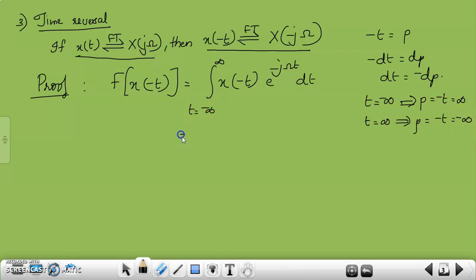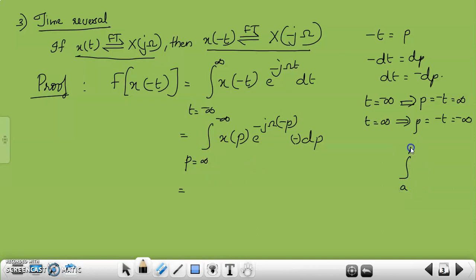If I substitute that, this will be integral over p from infinity to minus infinity, x of minus t changing to x of p, e raised to minus j omega t is there. So I can write minus j omega into t, which is minus p, into dt changing to minus dp.